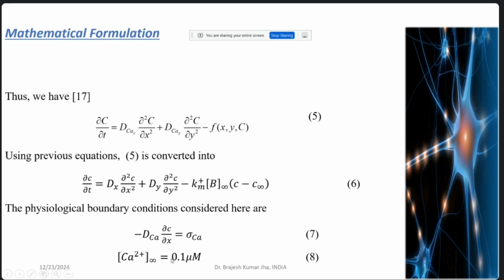Steady state condition, in terms of the domain now. It means what? We are considering the domain is regular. Either it is rectangular or it is square.